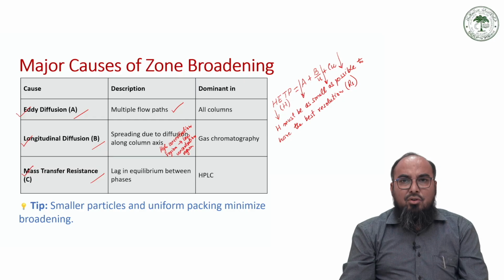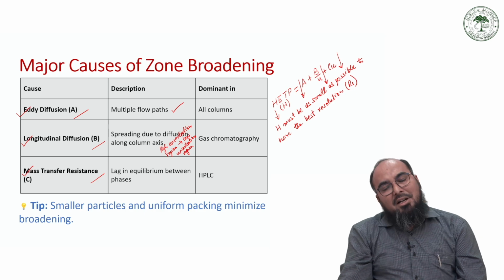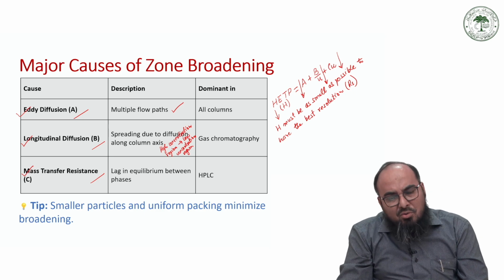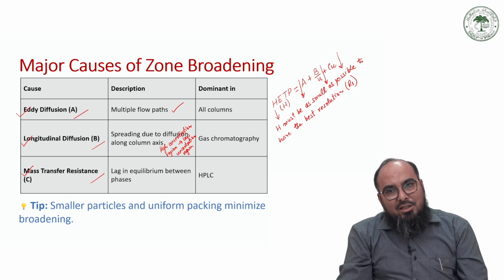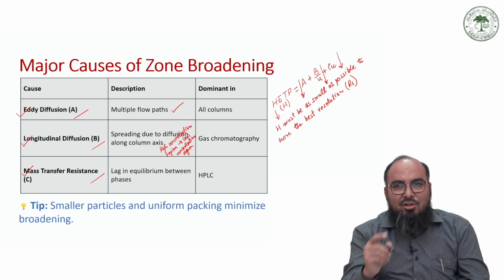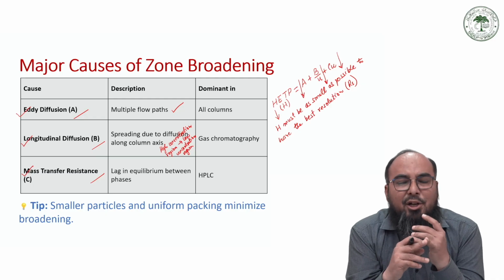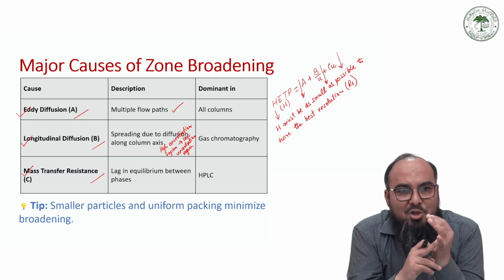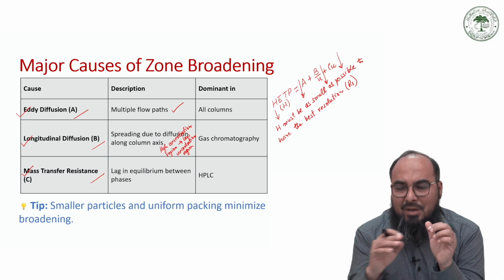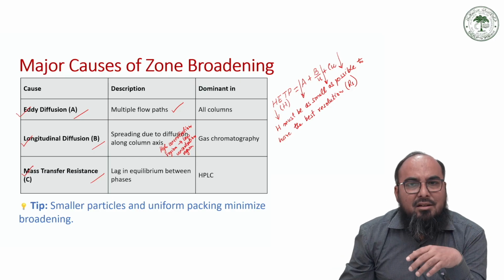So in order to have HETP as small as possible, we have to have all these three factors, that is A, B upon U and CU, as small as possible. So now we have to look at minimizing these three factors, that is the eddy diffusion, longitudinal diffusion and the resistance to mass transfer. Let us take these one by one.